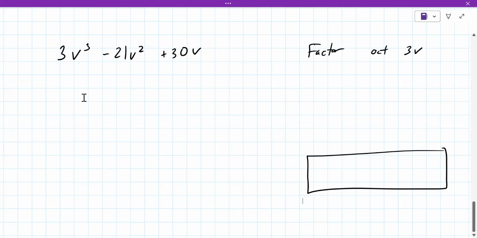Are you writing something down here? Okay, so here's what I have in parentheses: v squared minus 7v plus 10. Oh, okay, that's what I was messing up. All right, let me rework it.